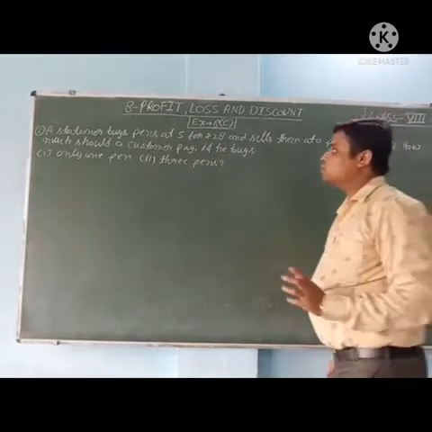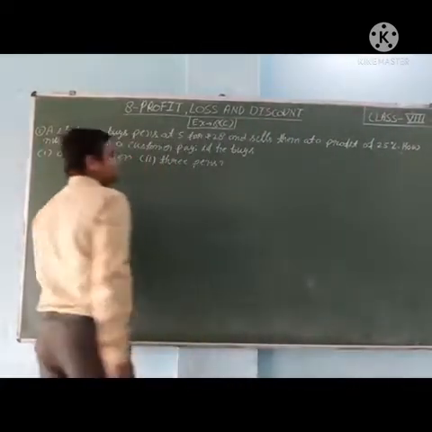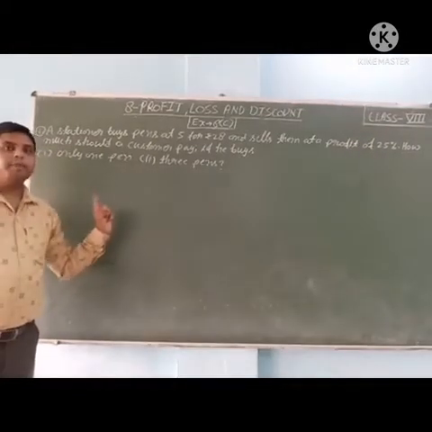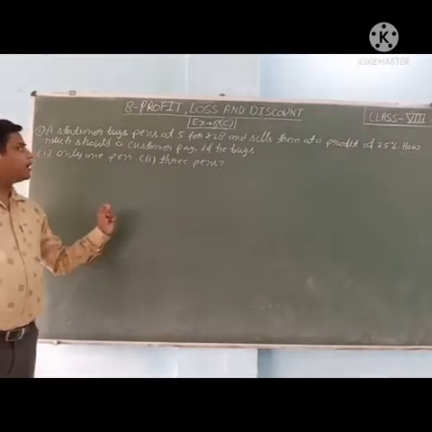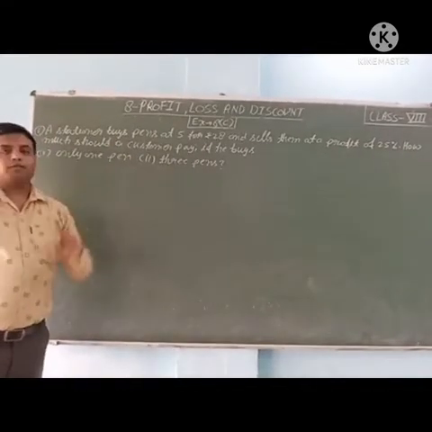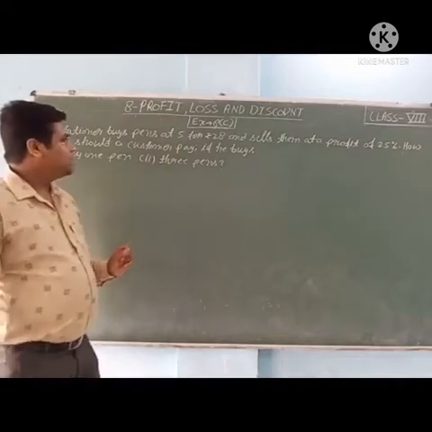How much should a customer pay if he buys only one pen? It means we have to find the selling price of one pen and the selling price of 3 pens.